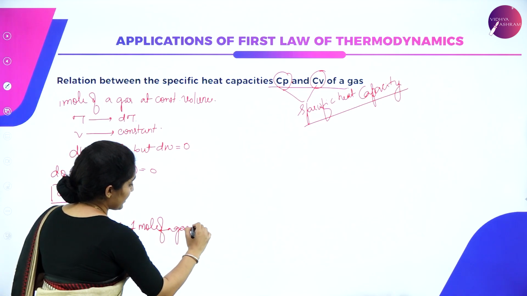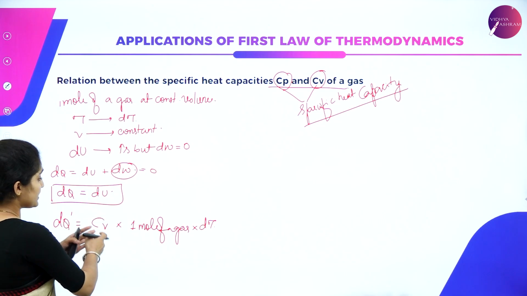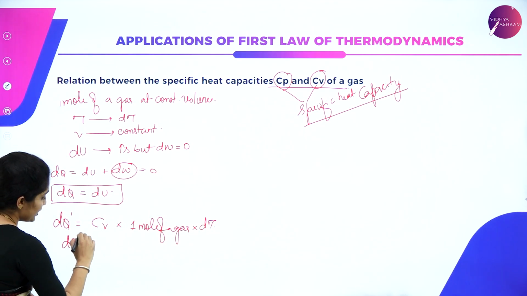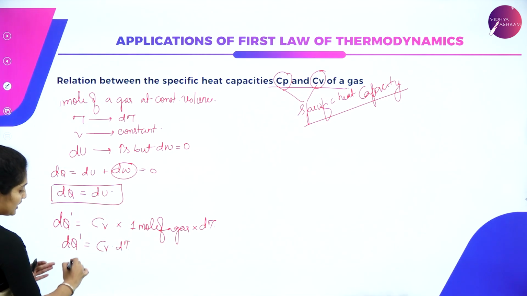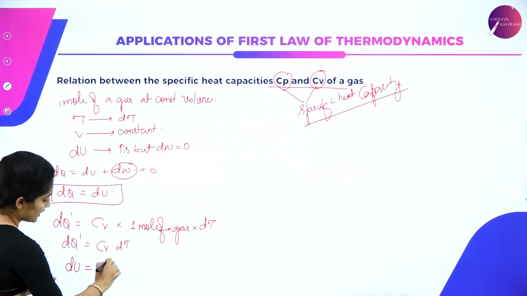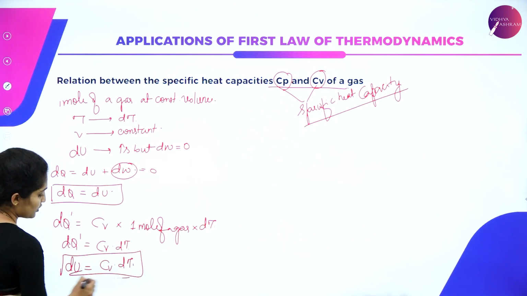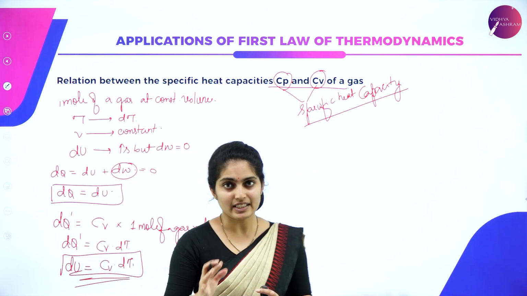The change in temperature is dT. So dQ' = Cv dT. And dQ is nothing but dU, so you can even call it dU = Cv dT.